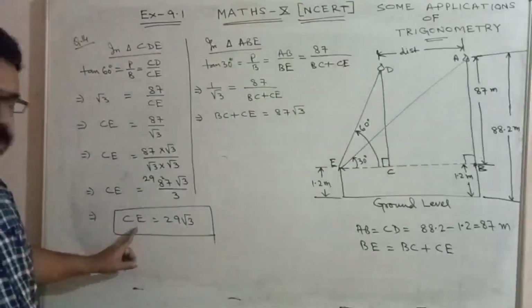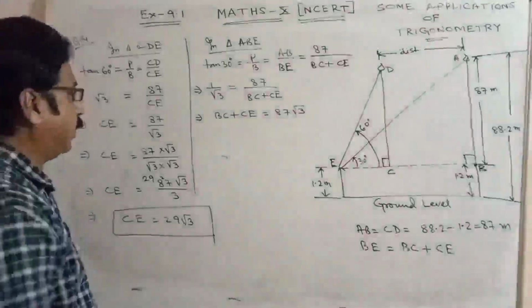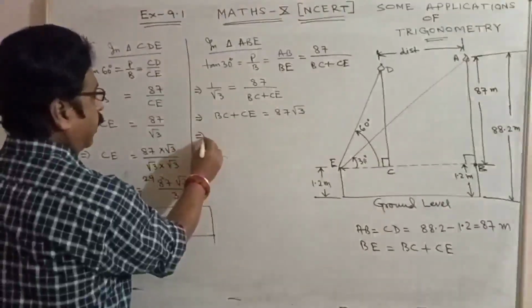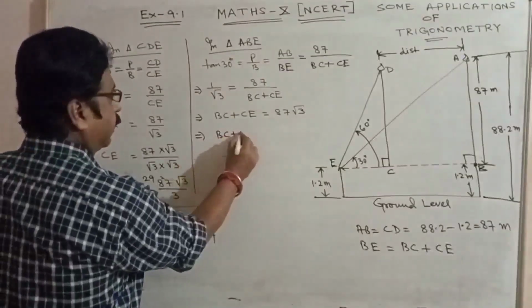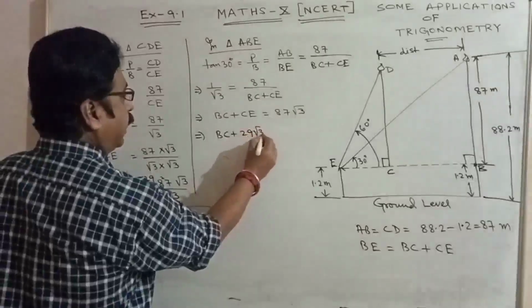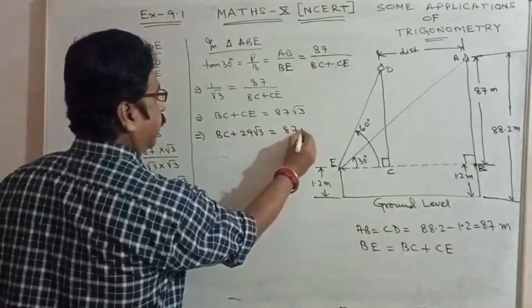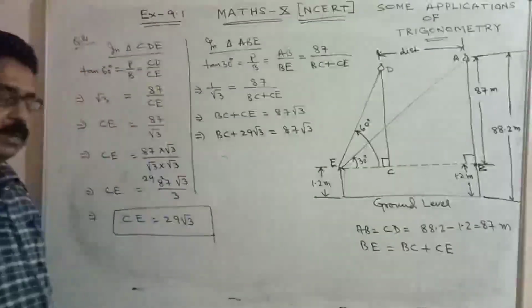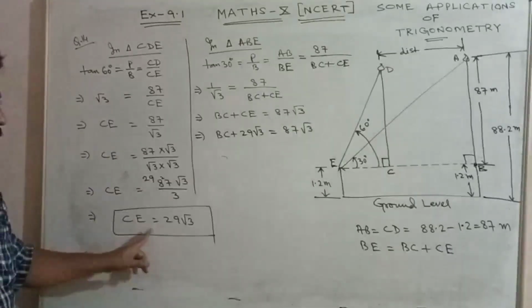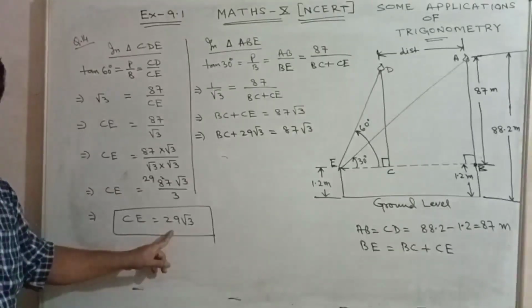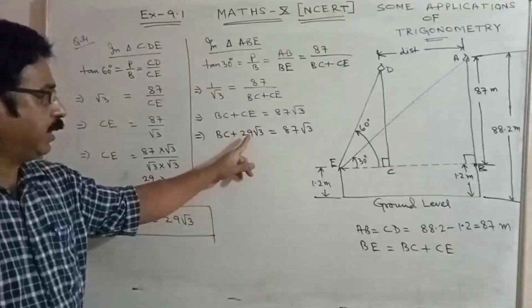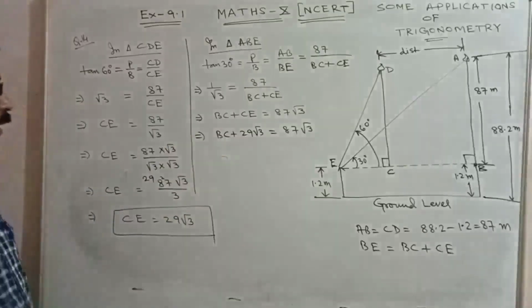Now CE we know 29 root 3. We got BC plus 29 root 3 equals to 87 root 3. That value we have put here, CE in place of CE, 29 root 3.